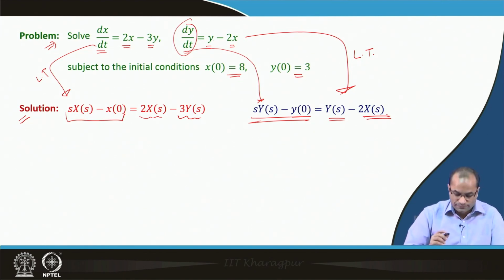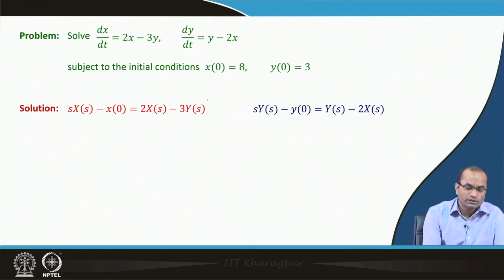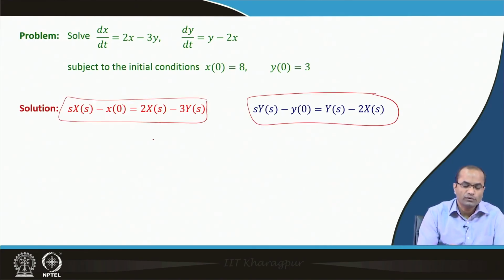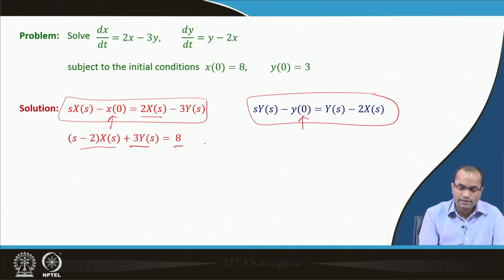So, we have applied the Laplace transform to both equations, and we got these transformed equations. Now, in each we can use, for instance, here x(0) and here y(0). So, we will get simply (s minus 2)X(s) plus 3Y(s) equal to 8.